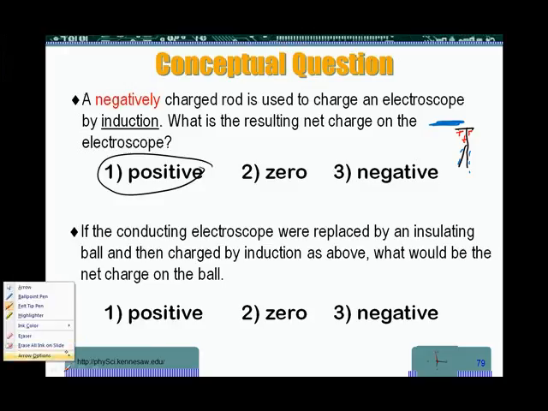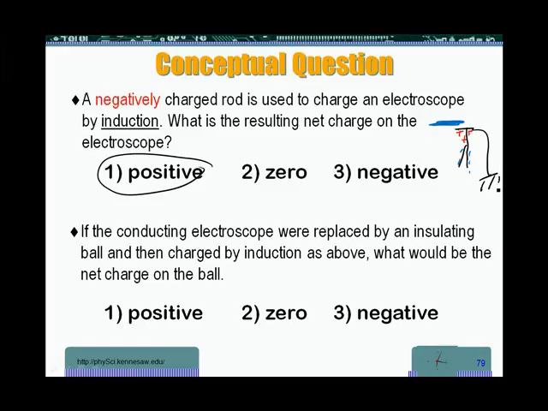Now we approach a finger. That's the way we do, or we ground it. That's what we do when we charge something by induction. In this case, what's the ground going to do? It's going to try to neutralize the electroscope.